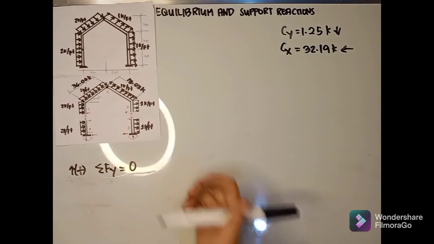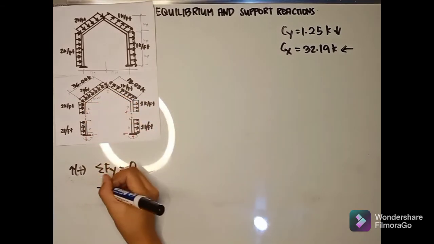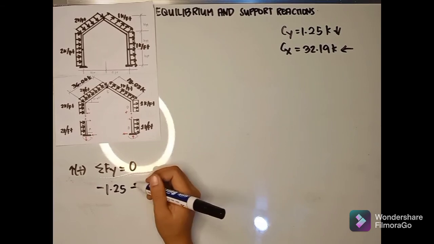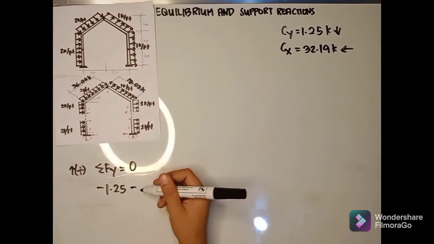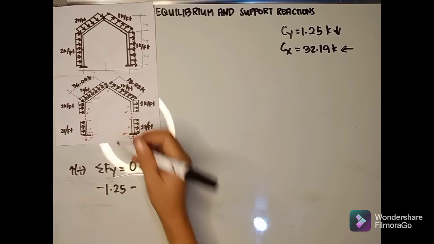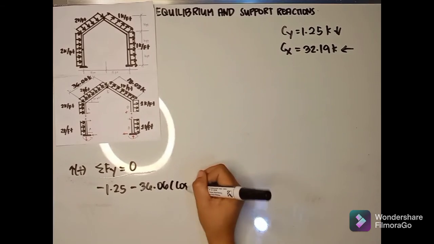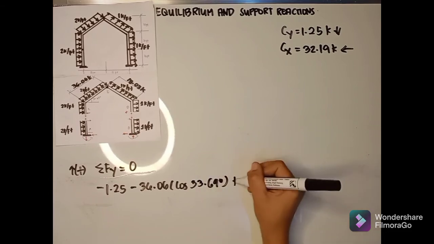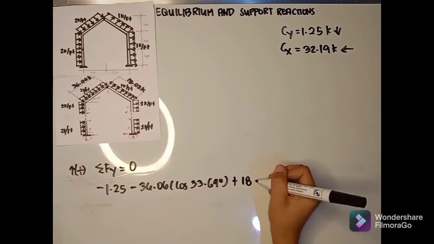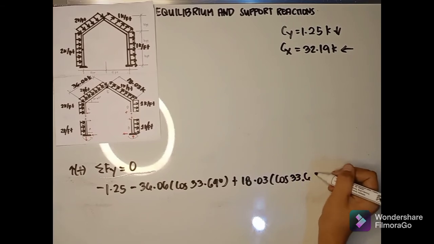So, negative 1.25 since Cy is downward, minus the vertical component of 36.06, so 36.06 times cos 33.69 degrees, plus 18.03 cos 33.69, plus Dy is equal to 0.